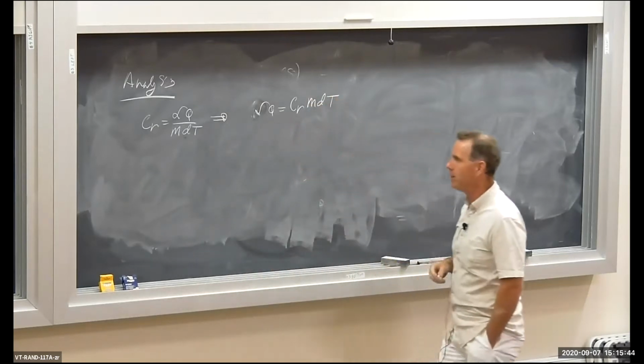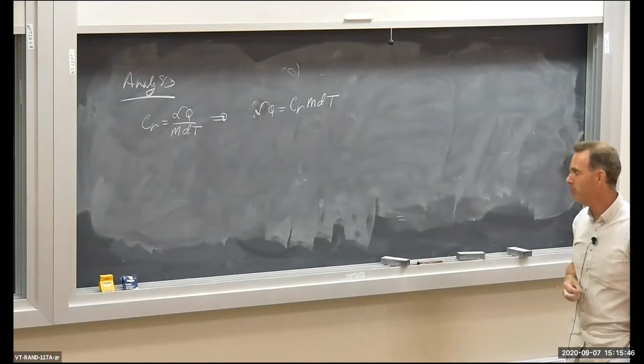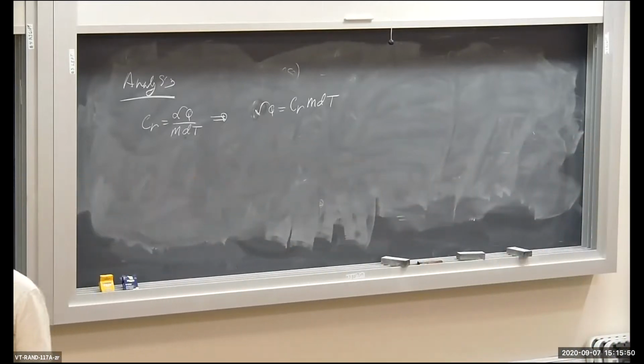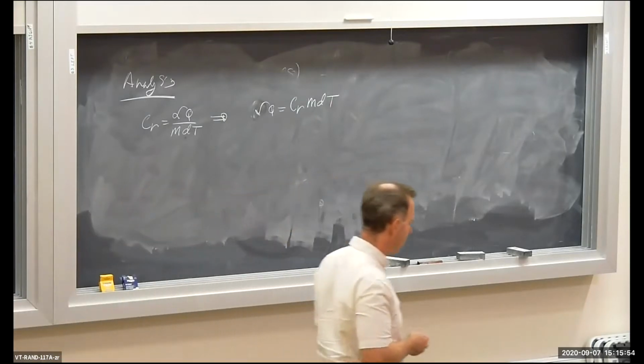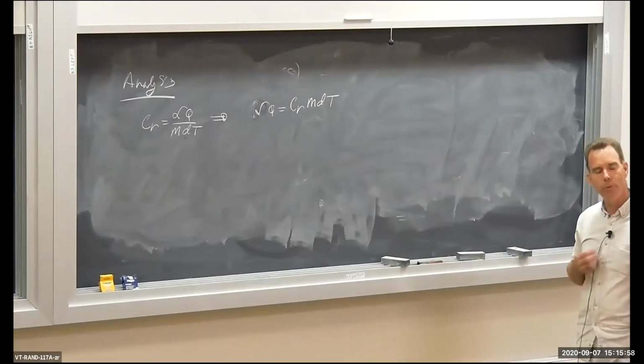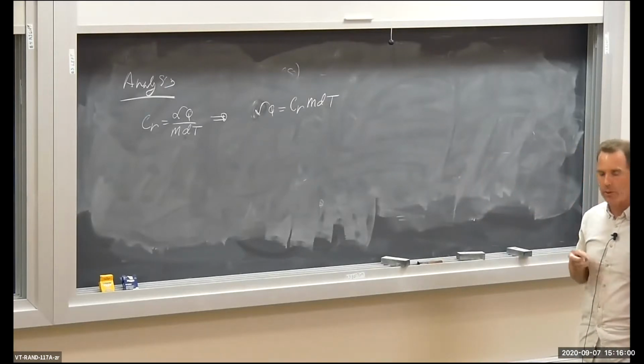So all I did is I solved for del Q. Now, del Q is an infinitesimal or differential heat transfer. I want to get the total heat transfer per unit process from state 1 to state 2.